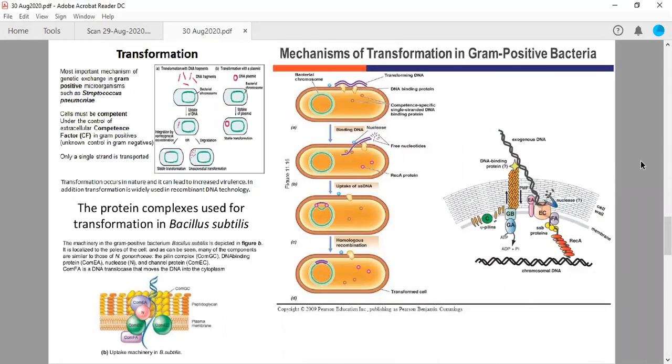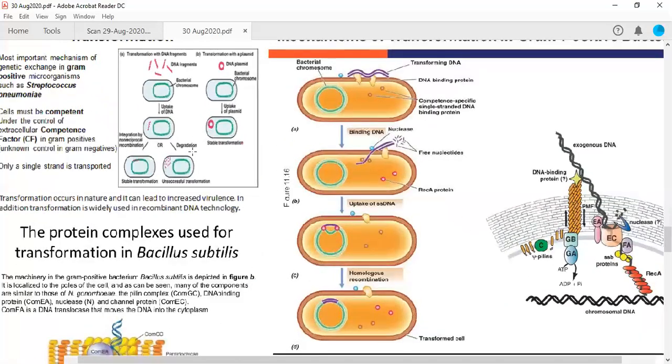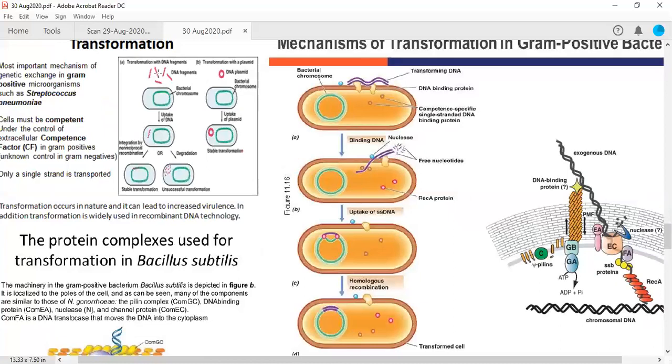Now, there is one mechanism by which these DNA fragments during transformation move from the surrounding environment and are uptaken by some live bacterial cell. There are two ways. Suppose these DNA fragments are present in the surrounding environment of a bacterial cell.